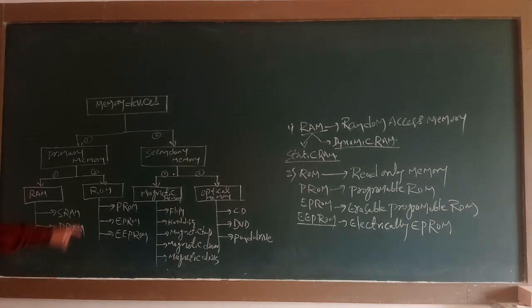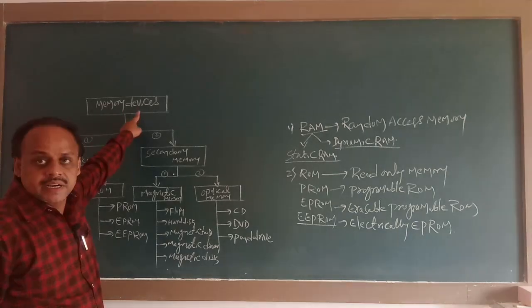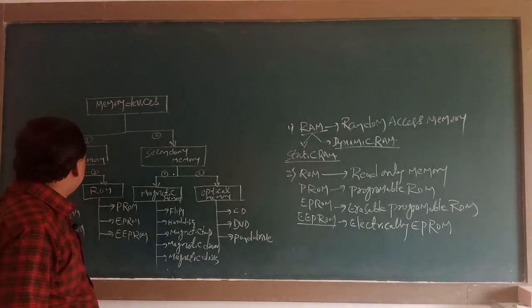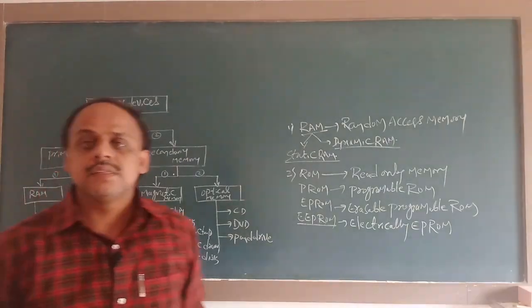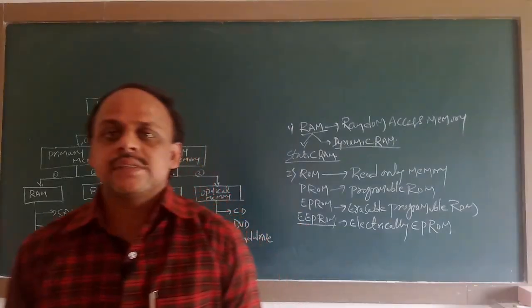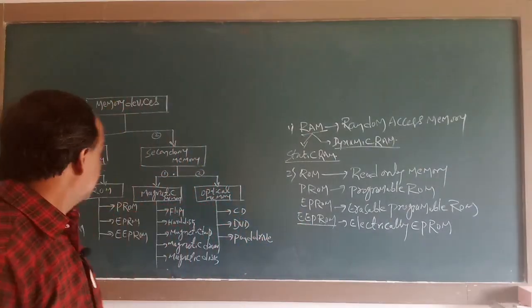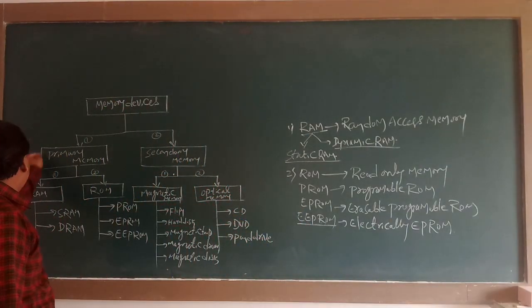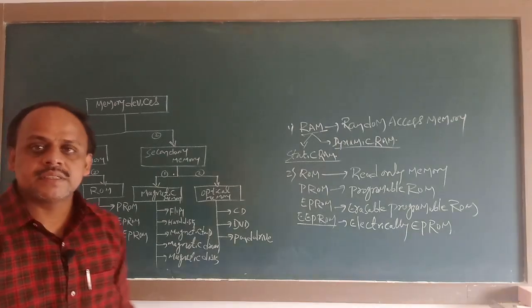Now see here, mainly memory devices are classified into two types: primary memory devices and secondary memory devices. Now let us see today regarding the primary memory devices.